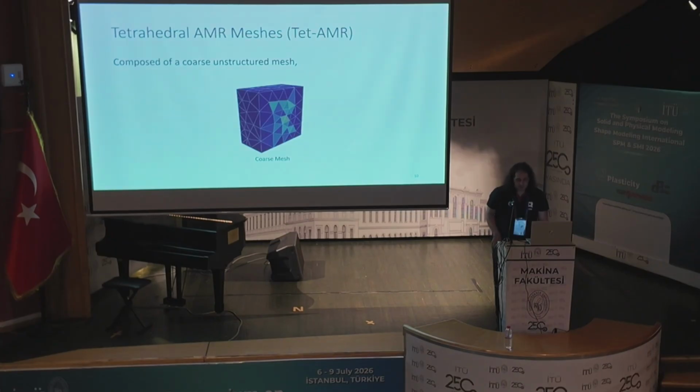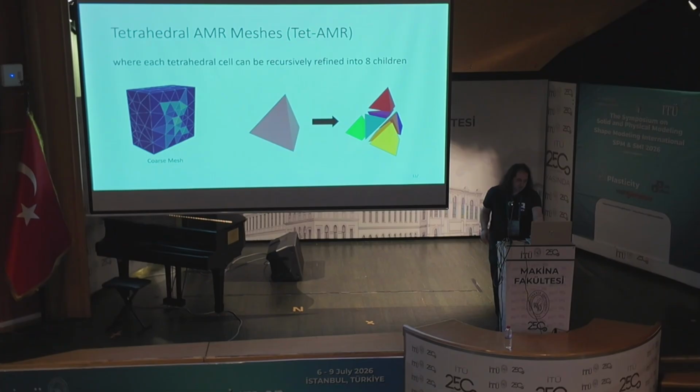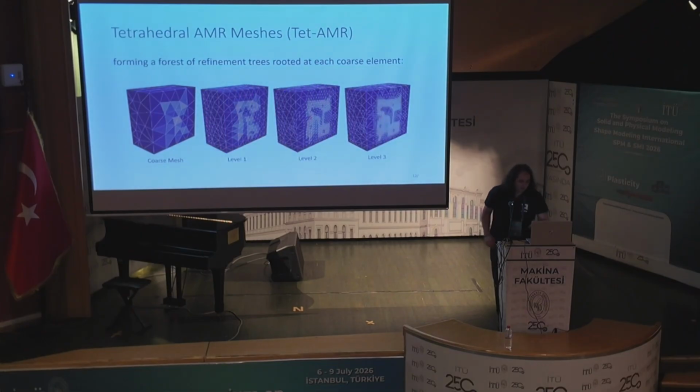It's composed of an unstructured TET mesh, where each element can be further recursively refined into 8 children. So it becomes a forest of refinement trees. Each coarse element has a tree, essentially. During the simulation, we refine or coarsen the volume based on our simulation criteria.